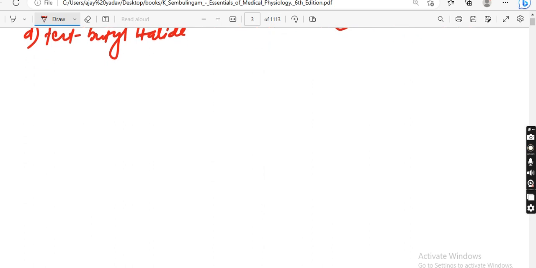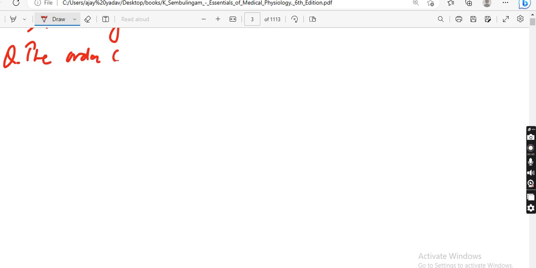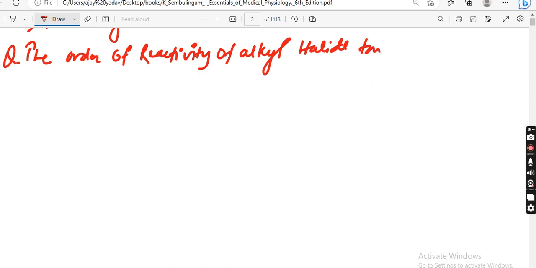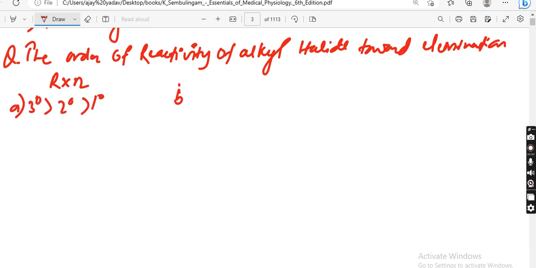We have already seen this. So the next, the order of reactivity of alkyl halide toward elimination reaction. Option A: third degree greater than second degree greater than first degree.